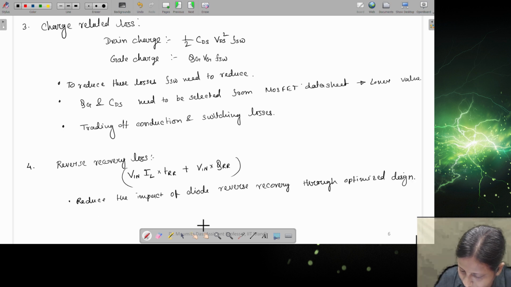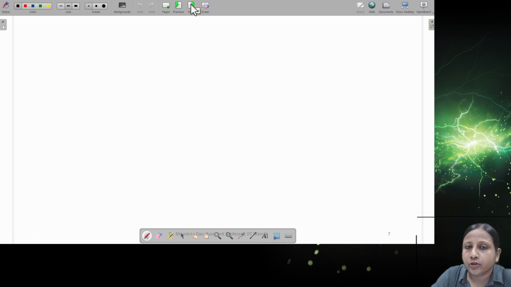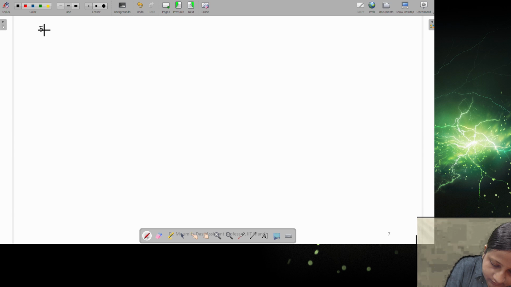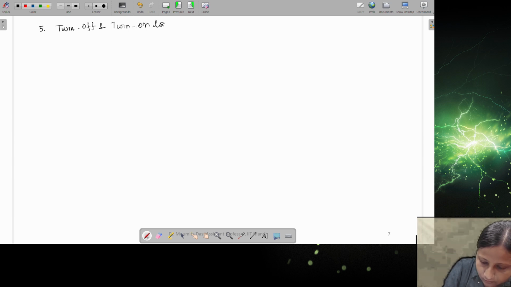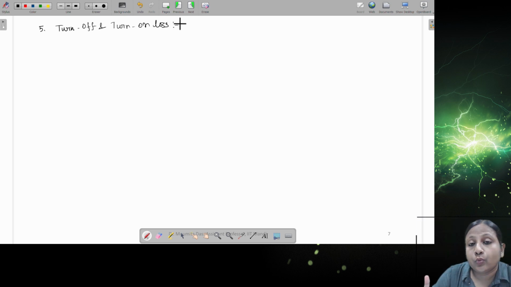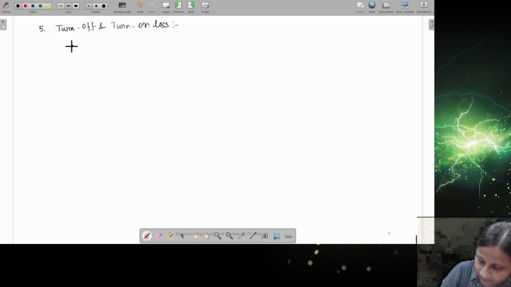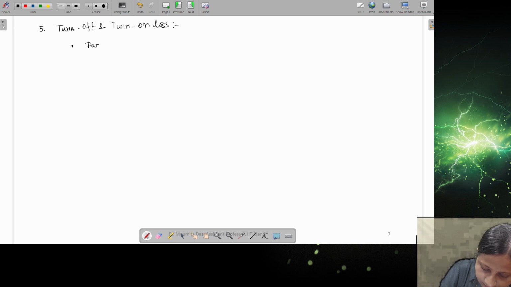Now this is with respect to reverse recovery losses. Another important thing is the turn on and turn off loss. Although it comes under switching losses, the turn on and turn off causes problems due to the presence of parasitic elements, meaning parasitic loop inductance.